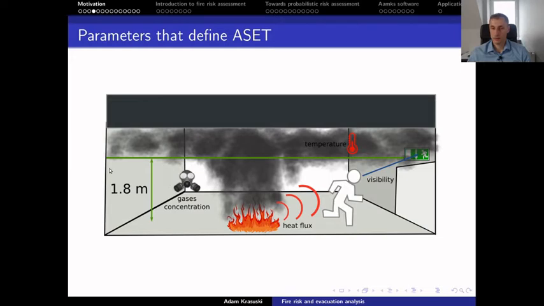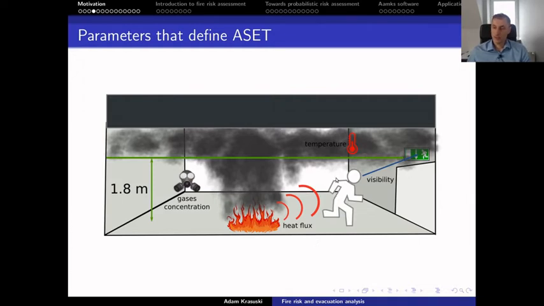And it is also defined at which height this value should be checked. So in our country, in Poland, we use 1.8 meters to check this parameter. And each of these parameters has its critical value. So if this value is achieved, we may say that the evacuation is no longer possible. And the time when one of these critical values is achieved is defined as ASET.